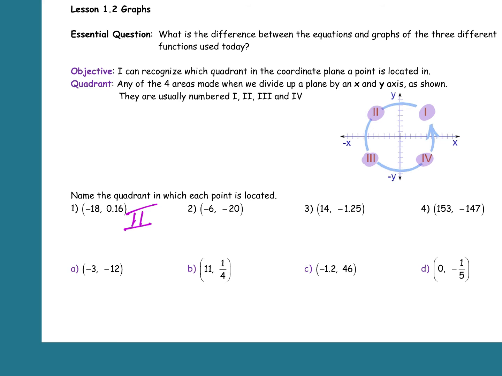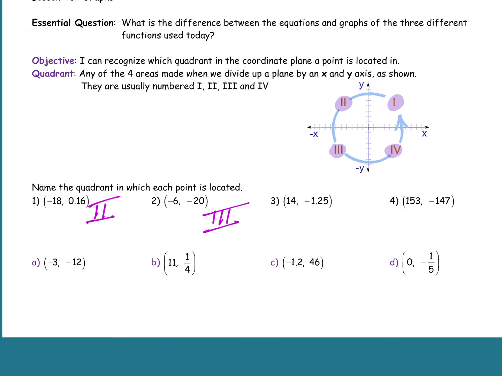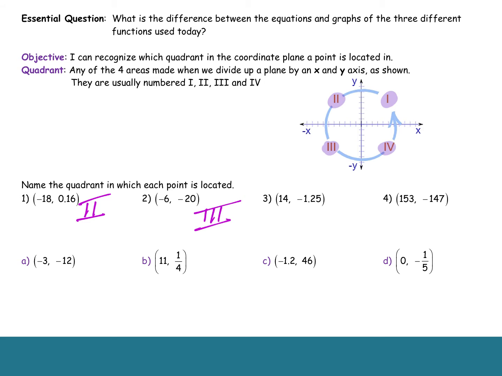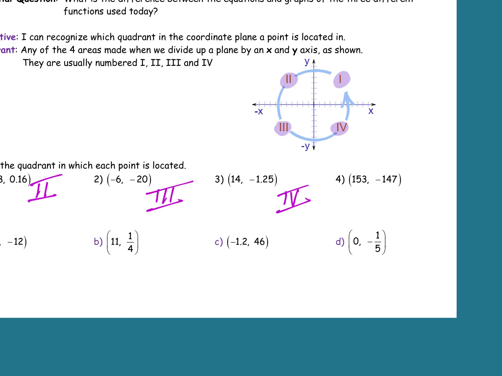What about 2 negatives? So negative 6, negative 20 would be in quadrant what? 3. Beautiful. And positive 14, negative 125. 4. Okay. There's only 4 quadrants. And positive 125, negative 147. 4. Great. Okay.